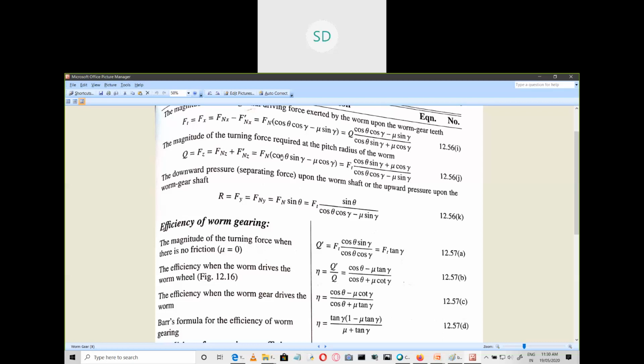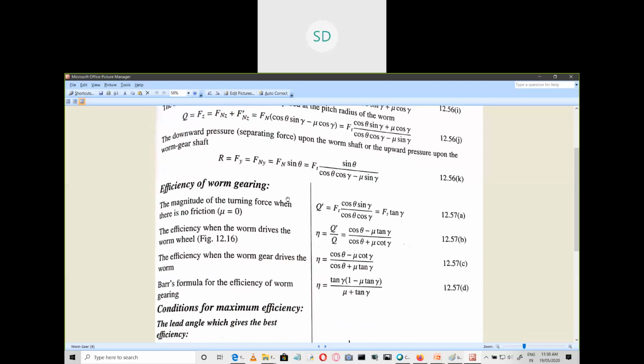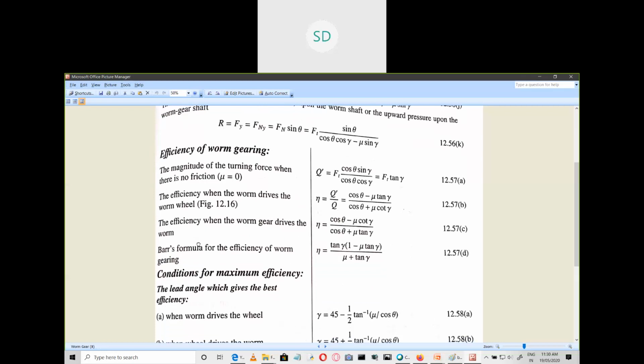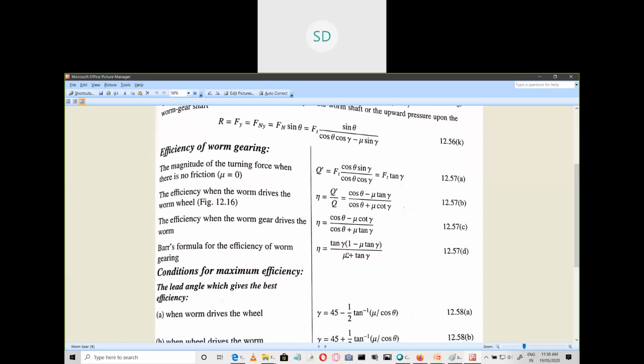So you get two criteria: one, the worm may be the driver sometimes, and at other times the worm gear may be the driver. Okay, next you need to find out the efficiency. To get the efficiency, you can go for any one of the equations here, based on working conditions.